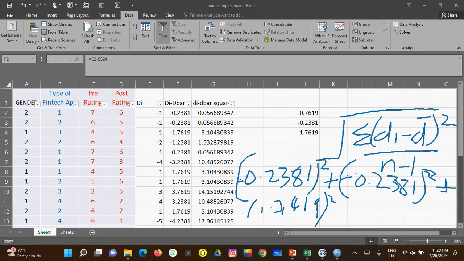That's the same thing we are going to do here, but in Excel it is very simple.